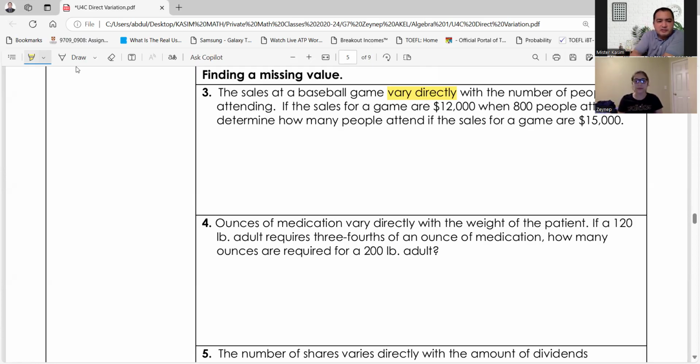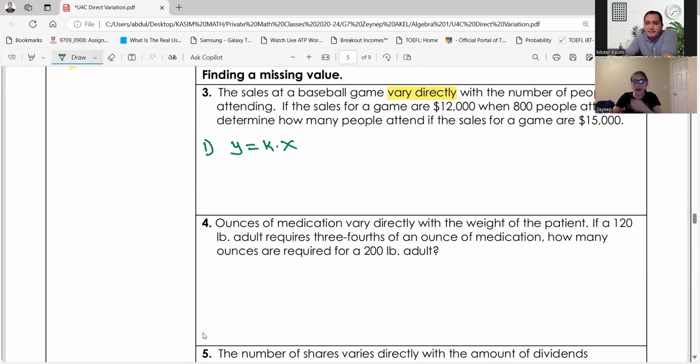We can do it in two different ways. Number one, let's use the equation. The equation is y equals k times x, right? Because the question says varies directly. Now let's find the constant of proportionality. The sales was $12,000 when x is 800 people.